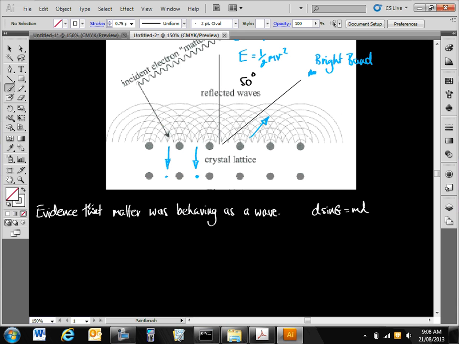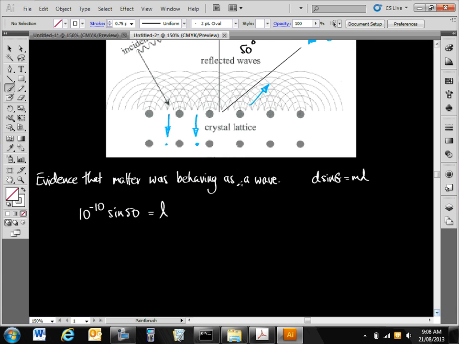So they knew this. 10 to the power of minus 10 meters was d, approximately the distance between the nickel atoms. Sine of 50 degrees would equal, of course, this was the first maximum, the first bright band, so m equals 1, lambda the wavelength of the wave. So theoretically, here's how we calculate it.